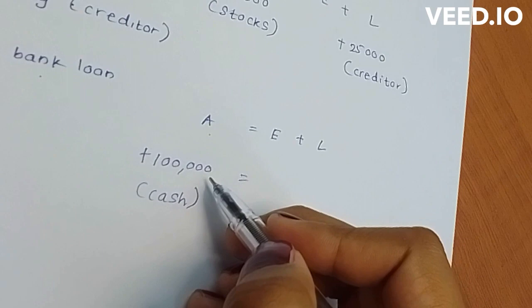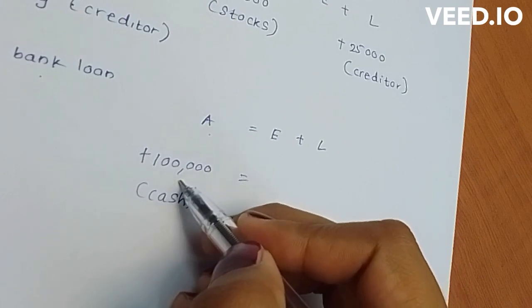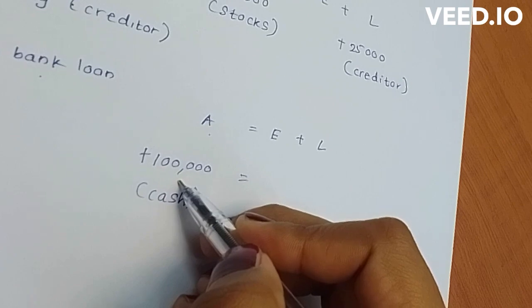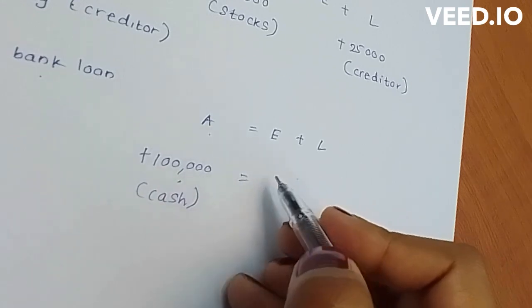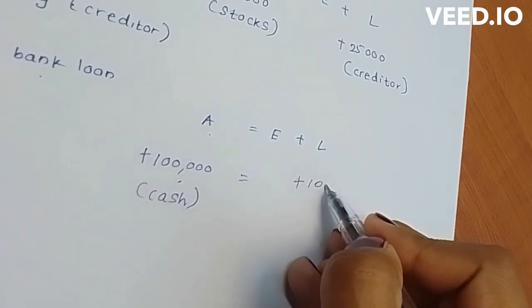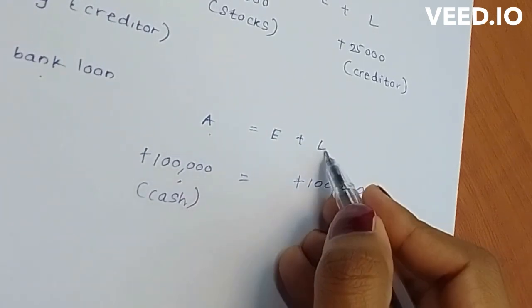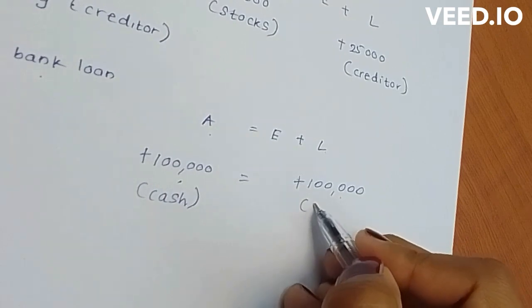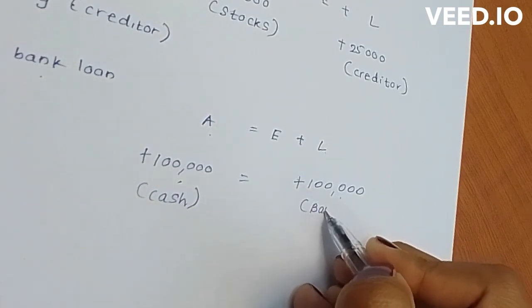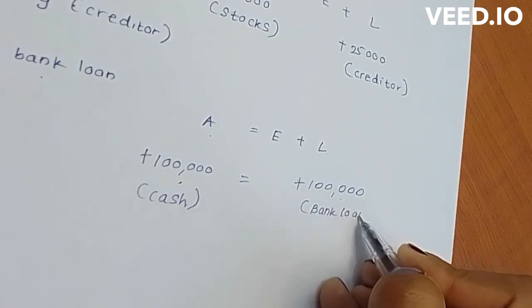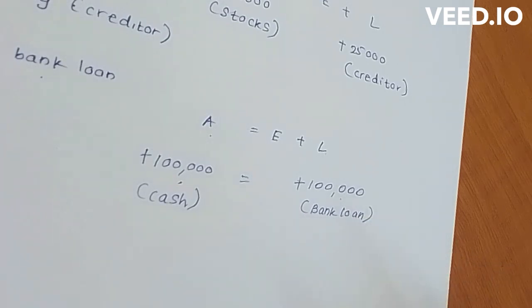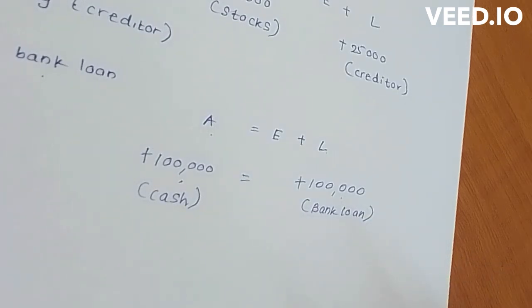Equal. If we are doing one thing to one side, as I explained earlier also, we need to do the same to the other side of the equation. Here we are increasing the amount of liabilities by 100,000, within brackets, bank loan. That is our liability. Okay.